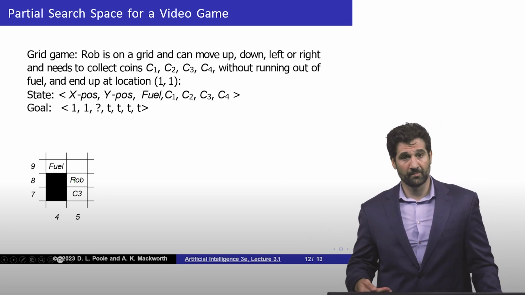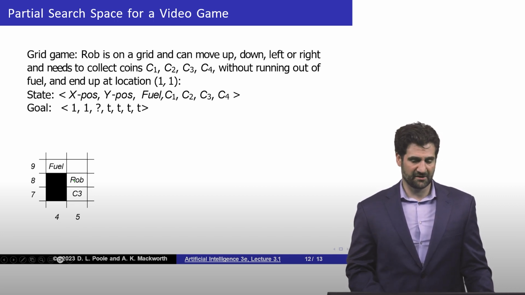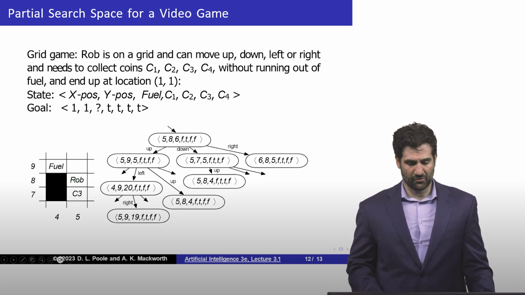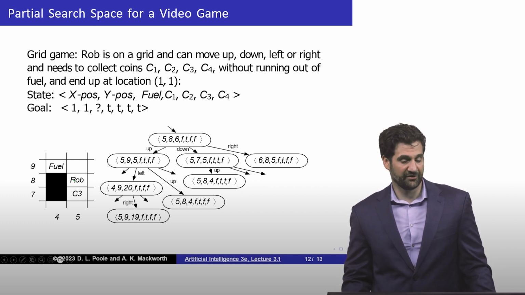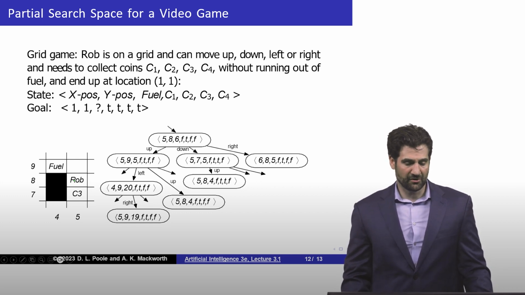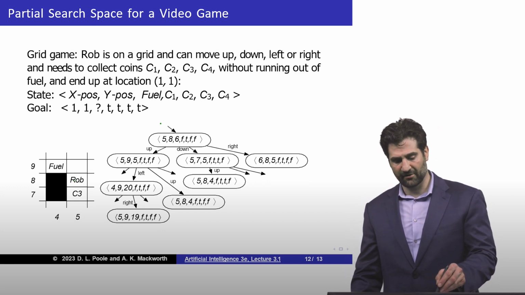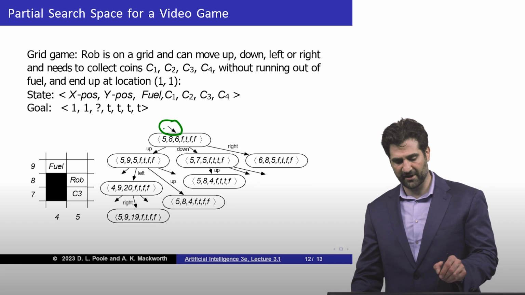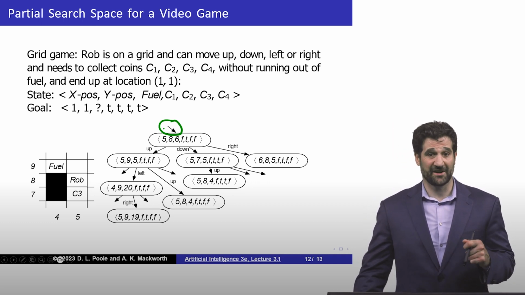And so the goal is going to be at location 1-1 with some amount of fuel, and has collected the coins. In this diagram, the coins are labeled as either true or false. So let's look at this very first state. In these state diagrams, you often see this lone arrow coming from nowhere. If you see something like that, that means it's specifying an initial state.